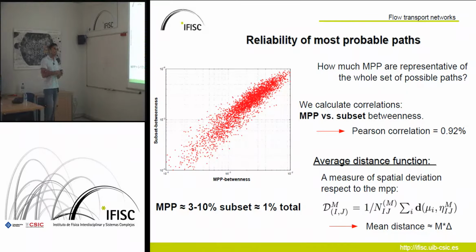So we are reading a small fraction of paths that are sufficient to describe the topology of transport in the network.